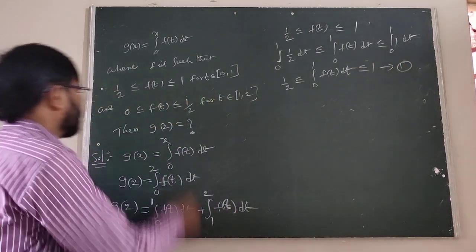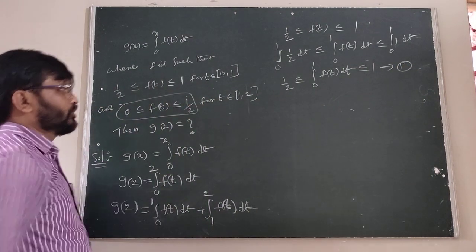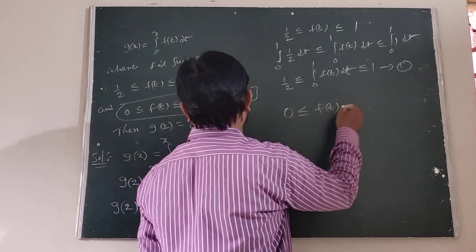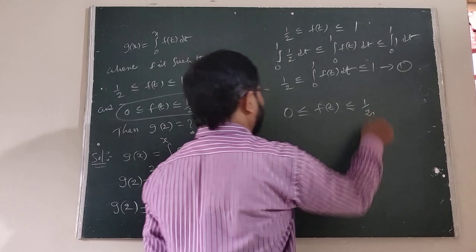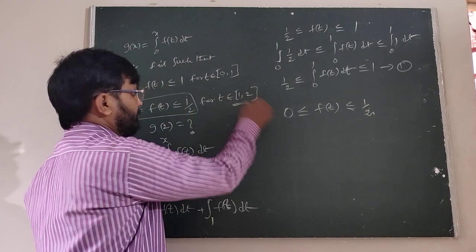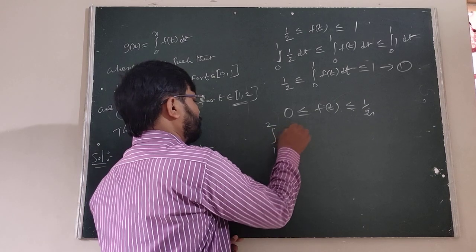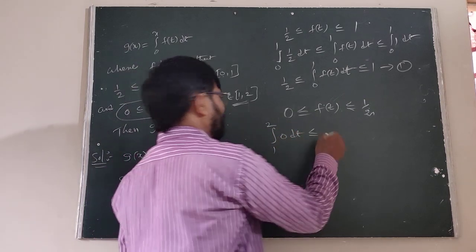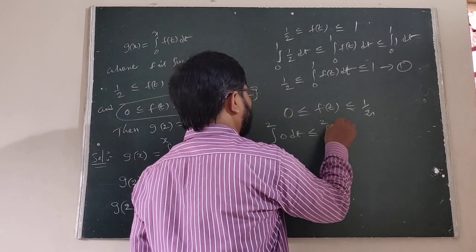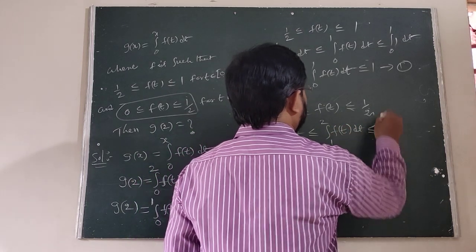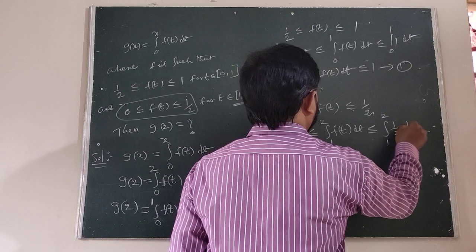Another condition is given that 0 is less than or equal to f of t less than or equal to 1 by 2. Now taking the limits 1 to 2, the integral 1 to 2 of 0 dt is less than or equal to the integral 1 to 2 of f of t dt, which is less than or equal to the integral 1 to 2 of 1 by 2 dt.